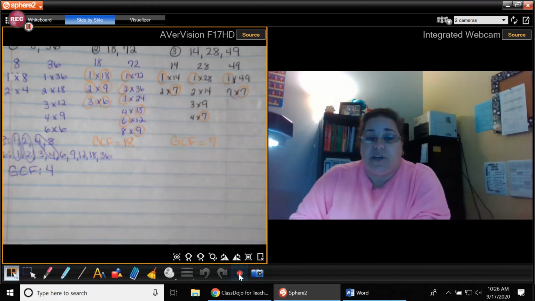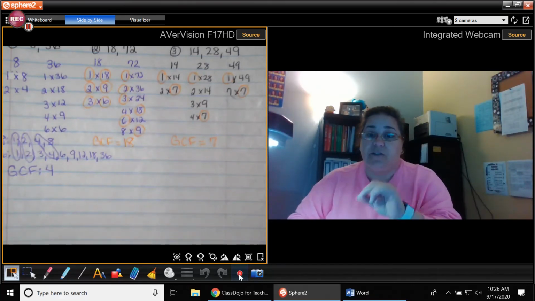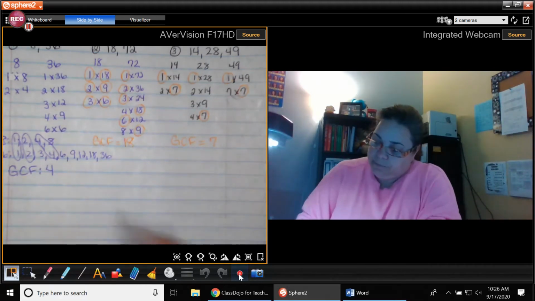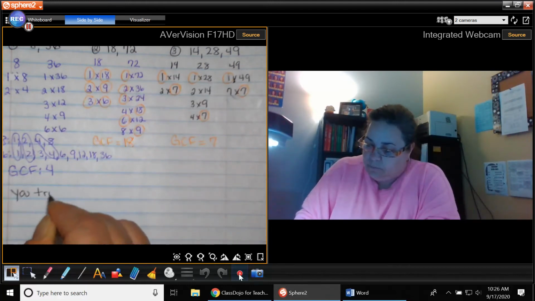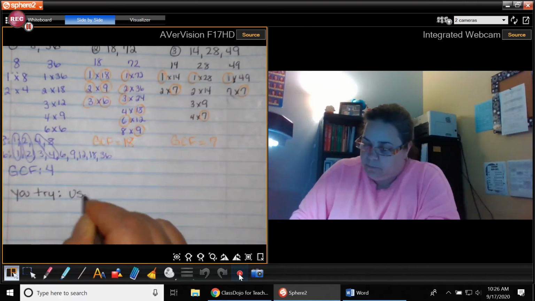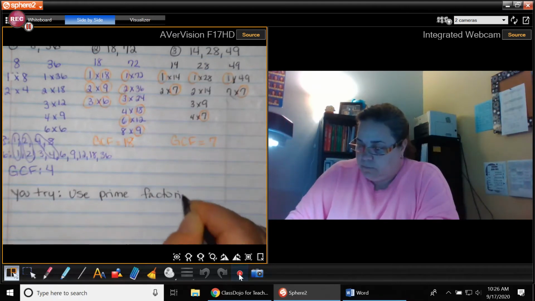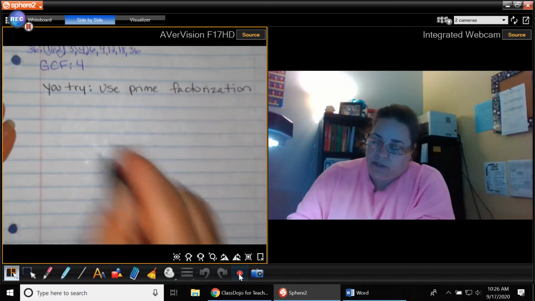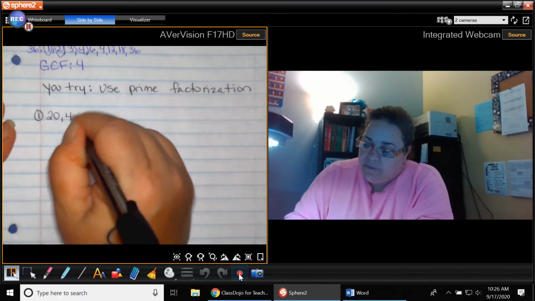What I want you to do now is copy down these 3 problems, and I want you to solve these 3 using factor trees, okay? So you're going to use prime factorization, okay? So for our first one, we've got 20 and 45.